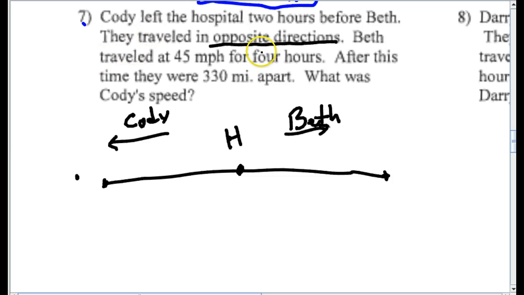Alright, so still plug in information. So Beth traveled 45 miles per hour for 4 hours. And Cody left 2 hours before that.